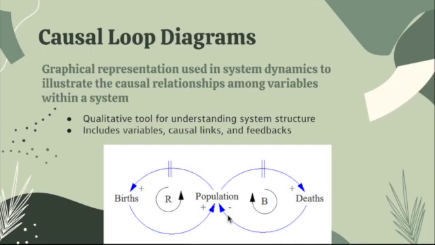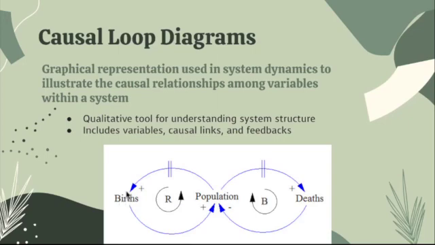Let's look at this very quick example just to show you what a causal loop diagram looks like. So this is a model of population growth, and we can see our main stock here in the middle is population, and we have two flows here, births and deaths. And we can see through these arrows there are 4 causal relationships.